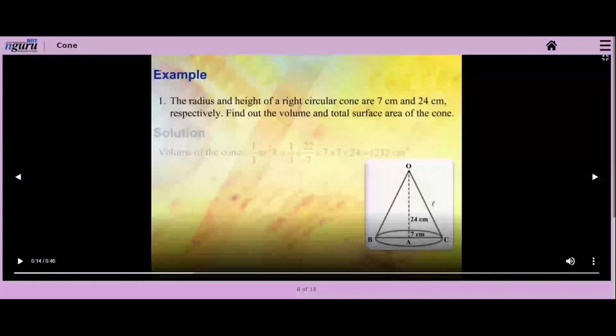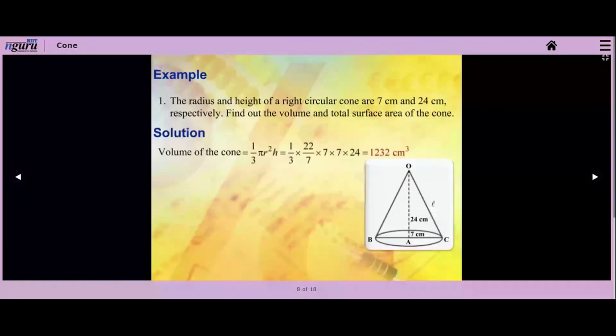Pythagoras. L is the square root of 7 squared plus 24 squared. How much? 49 plus 576, find the square root. The answer is 704 centimeter square.